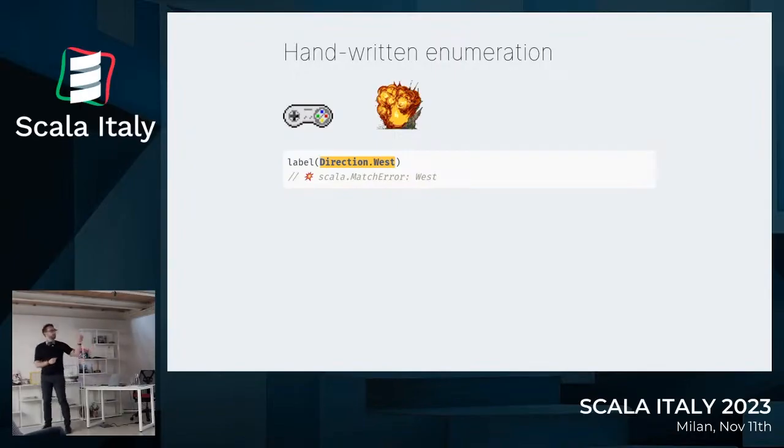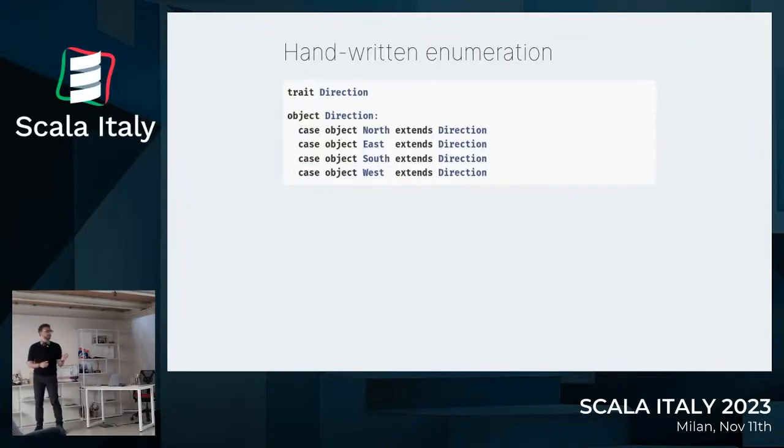However, the compiler does know that Direction.west is a value that exists and that we're not handling. And for some reason that I don't quite understand, the Scala team has decided, well, we're not going to handle that. When that happens, we're just not even going to check for it, which is problematic. However, we can fix that. We can take our type Direction and say it's going to be sealed.